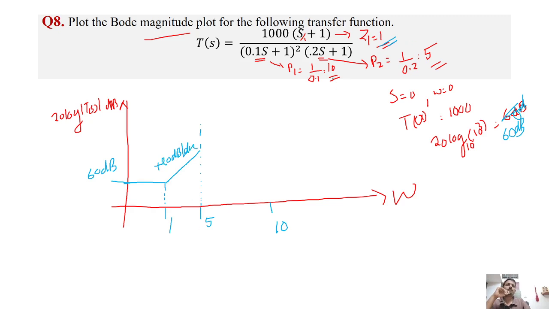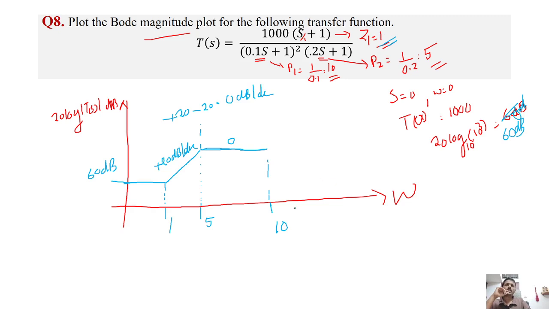At 5 there is a pole P2, so it will create a minus 20 dB roll off. Plus 20 minus 20 will create 0 dB per decade, so there is no slope till the frequency 10.